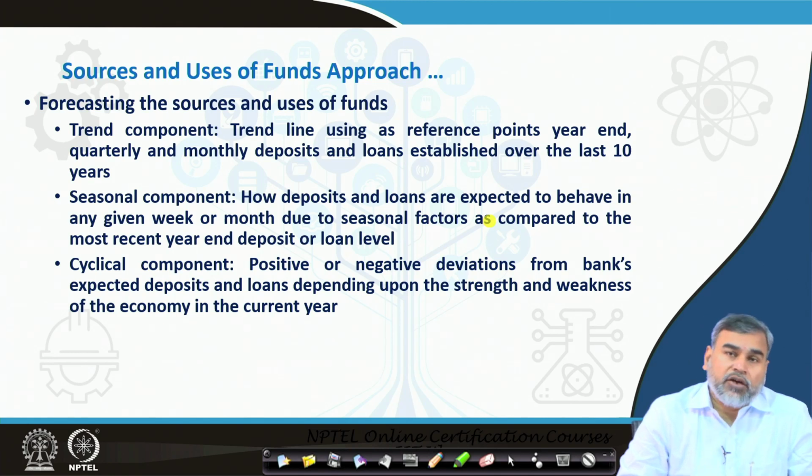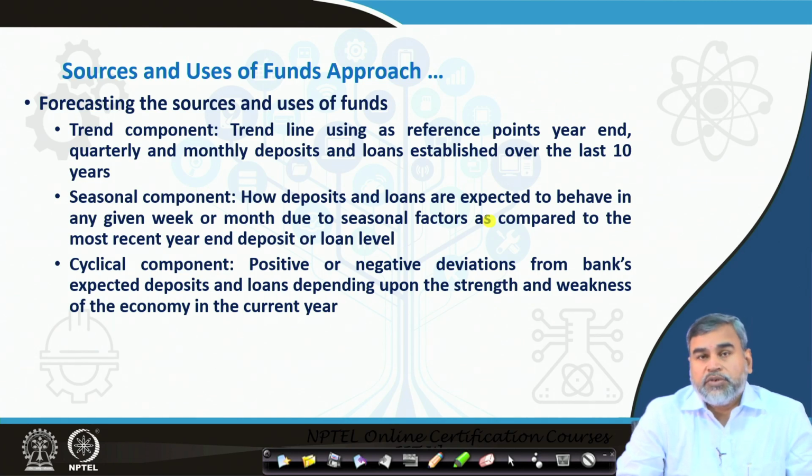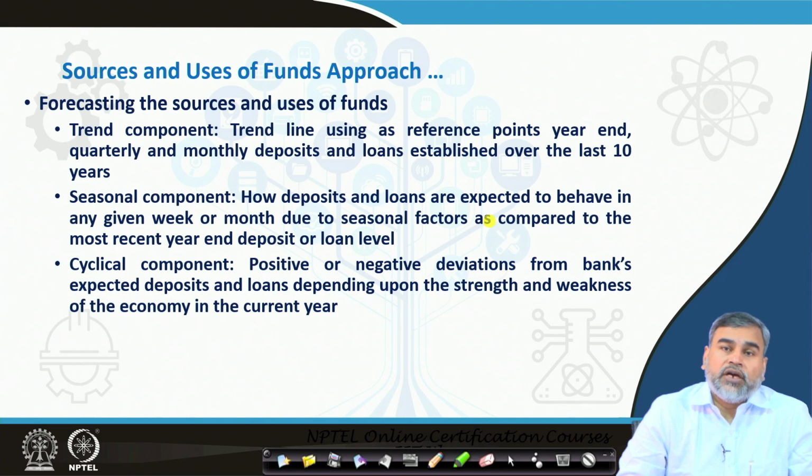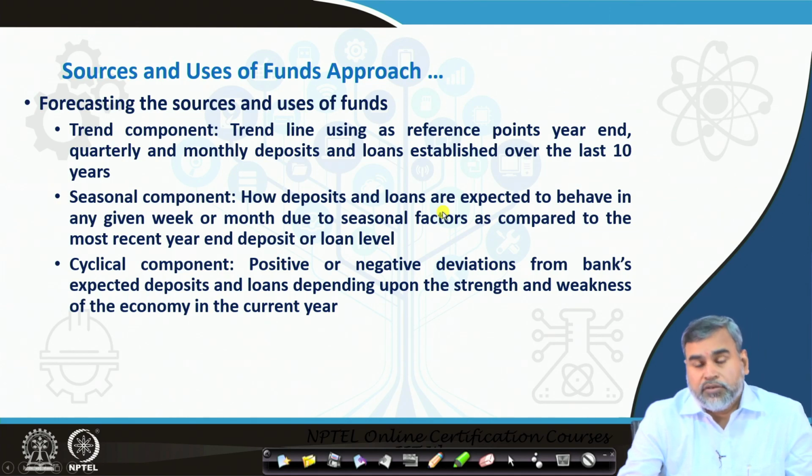The cyclical component is also very important in this context, because we have to see how business cyclical factors, in a macroeconomic sense, are going to affect the demand and supply of the sources and uses of funds that commercial banks use for calculating funding requirements. So, these are the components. First you can use them for making your statement, and from there the liquidity gap can be calculated.